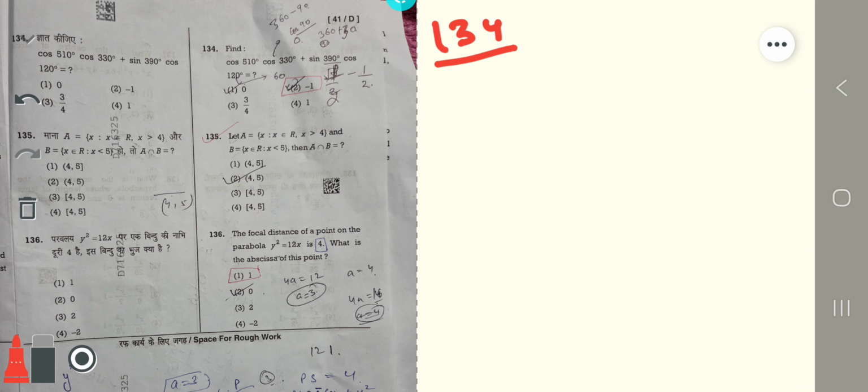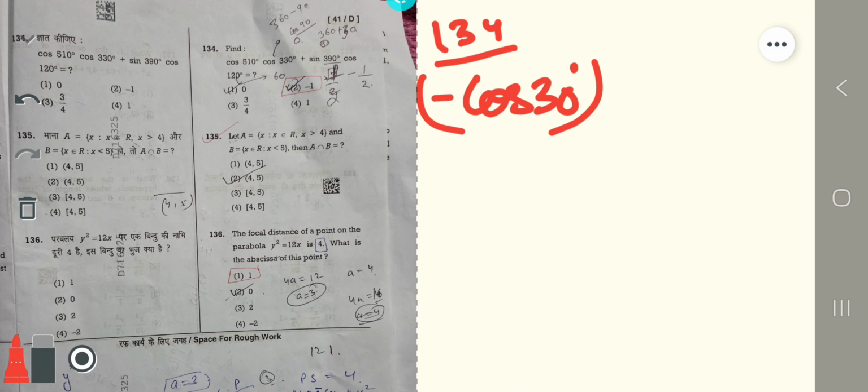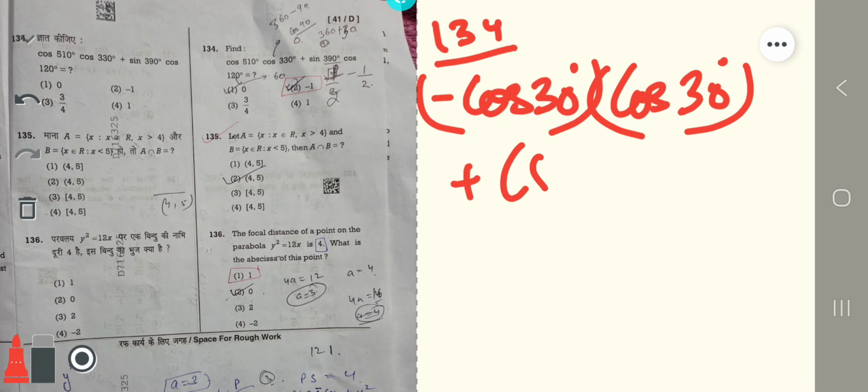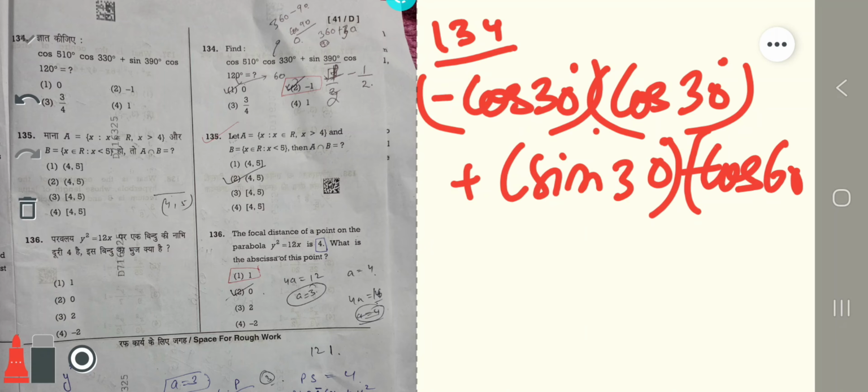Now let's write the simplified version of our given question, right? So our question became minus cos 30 degree into cos 30 degree plus sin 30 degree into multiplication is there between these two, minus cos 60 degree.